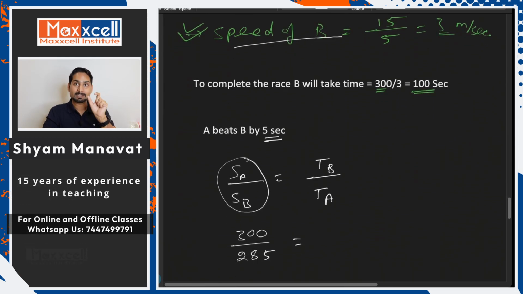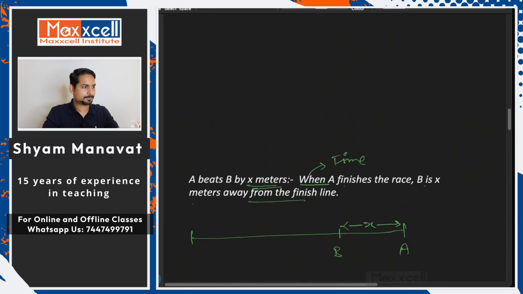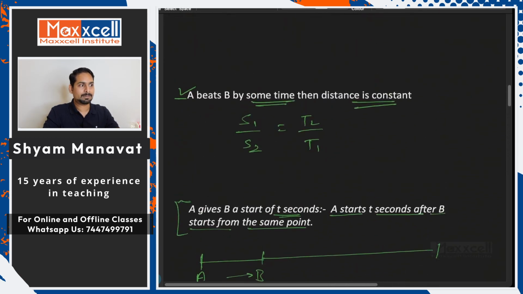With the concept that when A beats B by some time, then this is what happens. We have covered this here. A beats B by some time, then distance is constant. So we can say speed of 1 by speed of 2 equals time of 2 by time of 1. Okay.